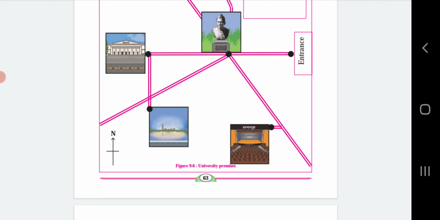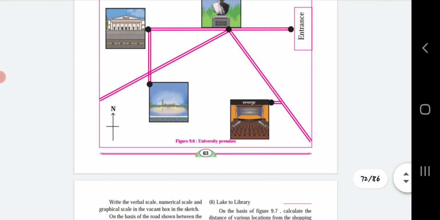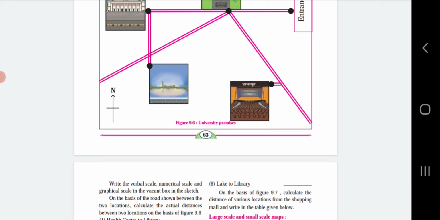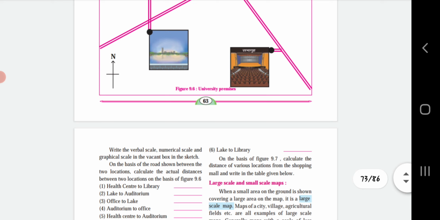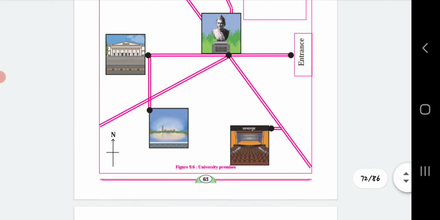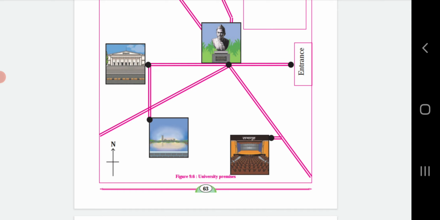Therefore 1 km equals 1000 into 100 centimeters, so you will get 1 lakh centimeters. Now 1 centimeter equals 0.1 kilometer, that is given. According to it, 1 centimeter equals 0.1 into 1 lakh centimeters. Your answer will be 1 upon 10 into 1 lakh. From that you will get 1 centimeter equals 10,000 centimeters.